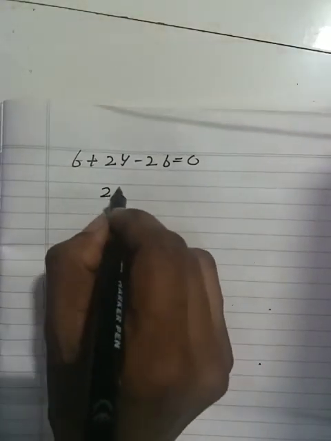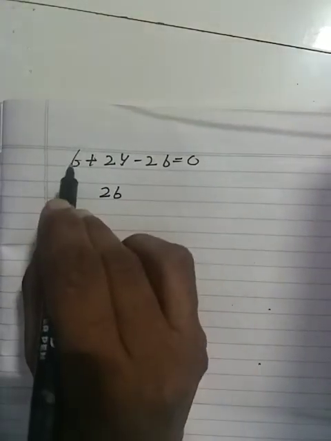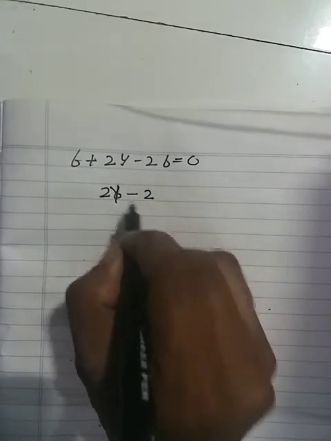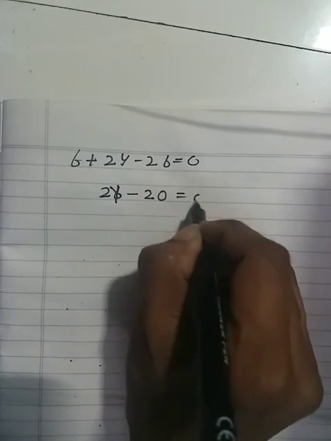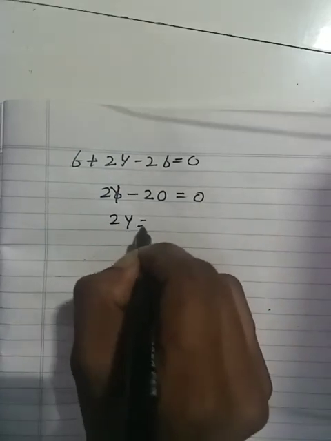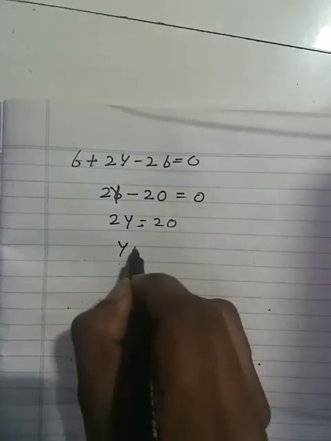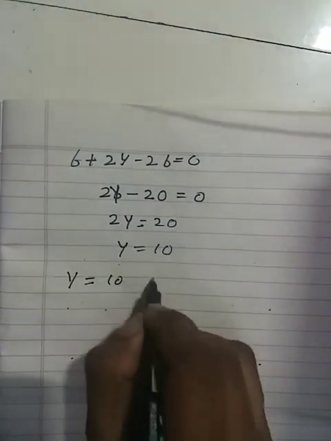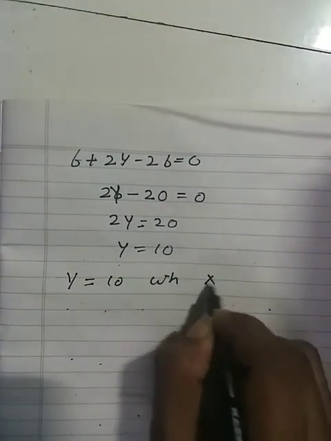That is 2y equal to 26 minus 6, 2y equal to 20, y equal to 10. So the value of y is equal to 10 when x equal to 2.